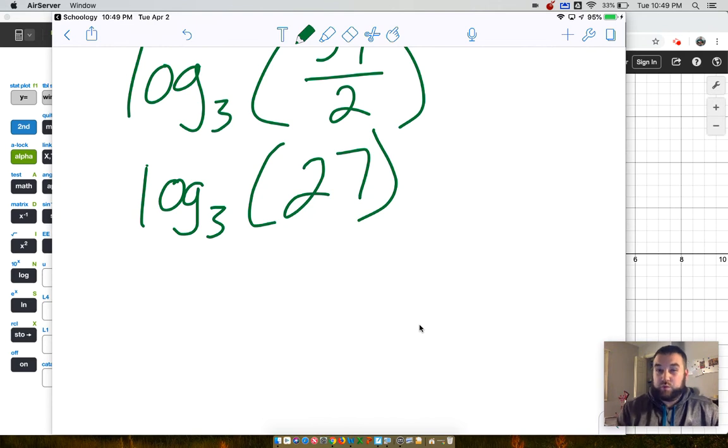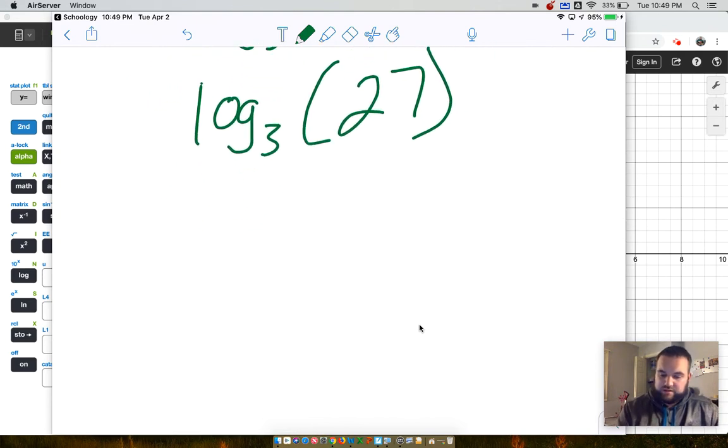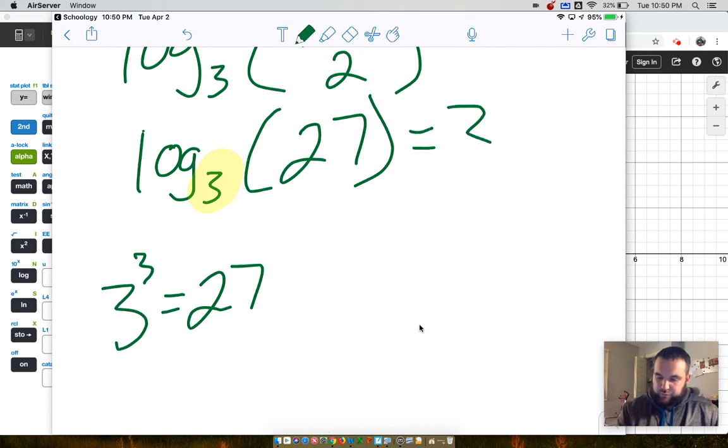Remember, when you see a log, what you should be thinking is: the base number raised to what power equals 27? The base number raised to what power gives me the argument, and in this case, we know 3 to the 3rd power is equal to 27. So this is equal to 3.